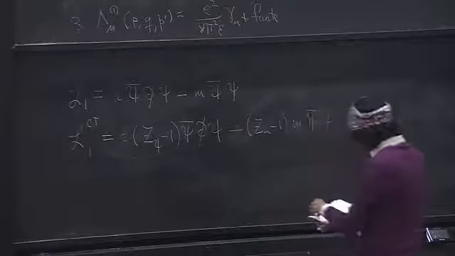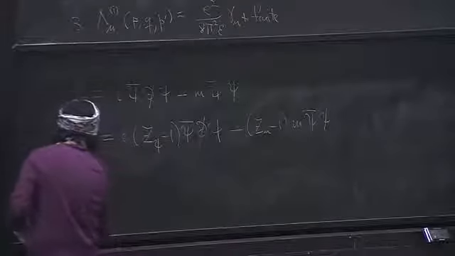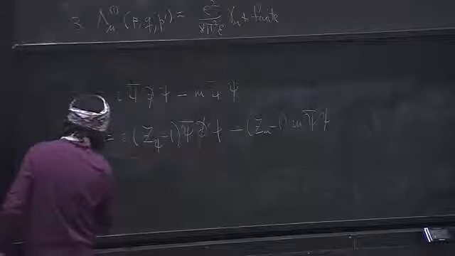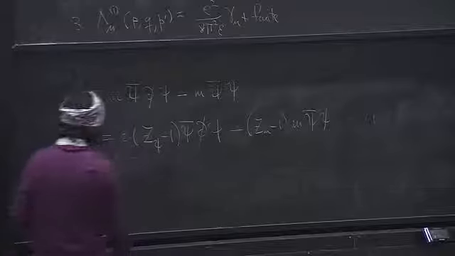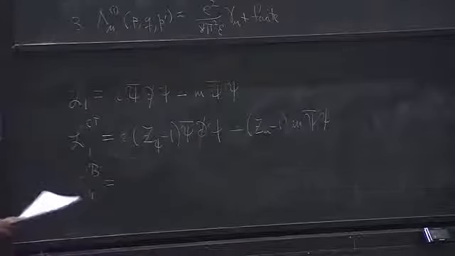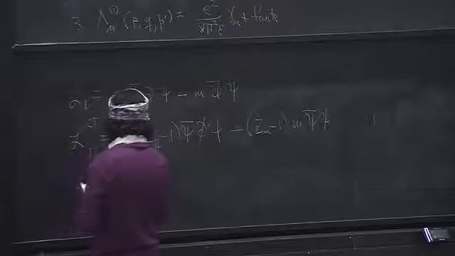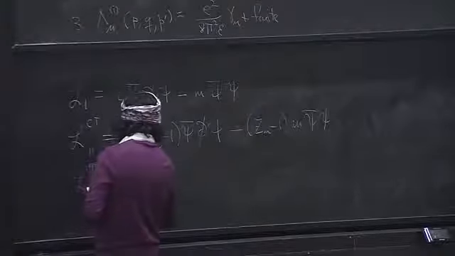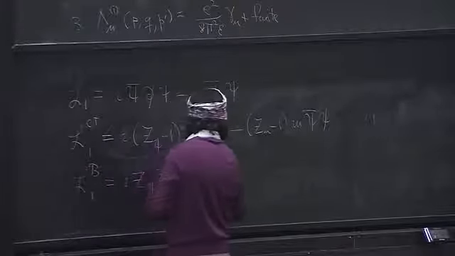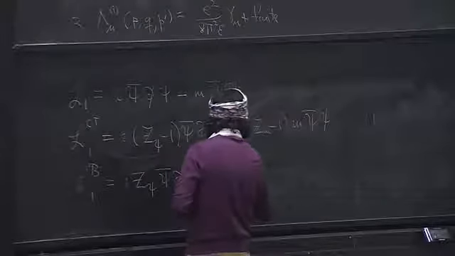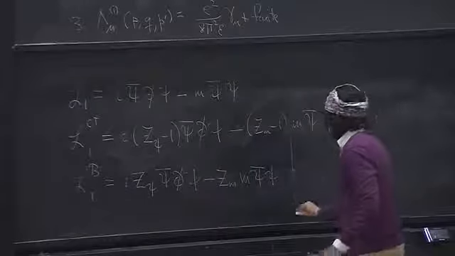Right? And so the total Lagrangian, which we will call L1b, b for bare, not the animal, will have this form. What are the z's?